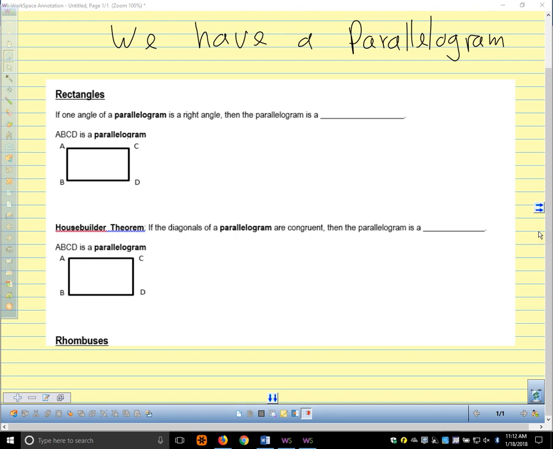So again, we're starting out with a parallelogram. Somehow we've figured it out, the figure's marked, we know this is a parallelogram. You might want to mark for these problems that the opposite sides are parallel. If one angle of our parallelogram is a right angle, then it's a rectangle.